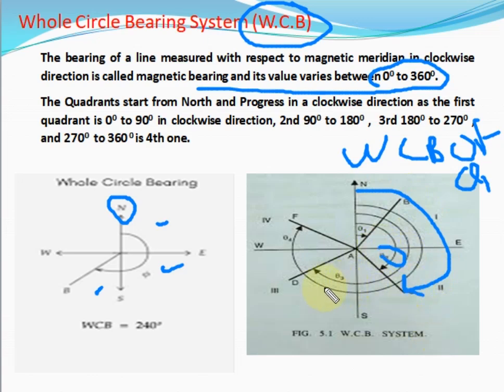If the line is in the third quadrant, that is line AD, the whole circle bearing of line AD is theta 3. If the survey line is in the fourth quadrant, measured from north in clockwise direction, the whole circle bearing of line AF is theta 4.